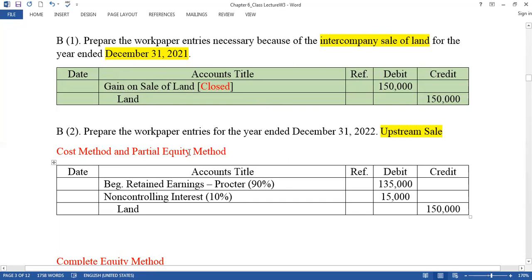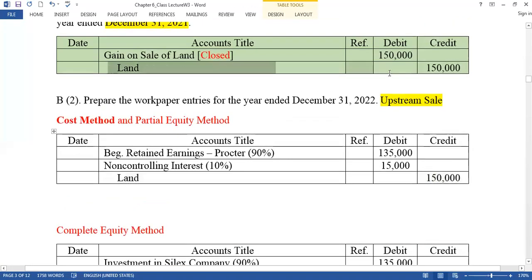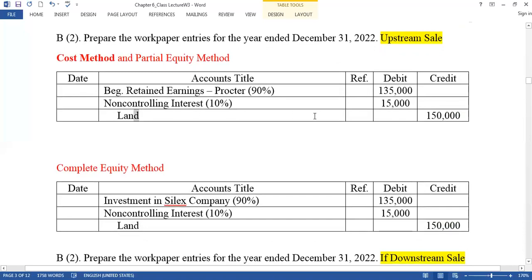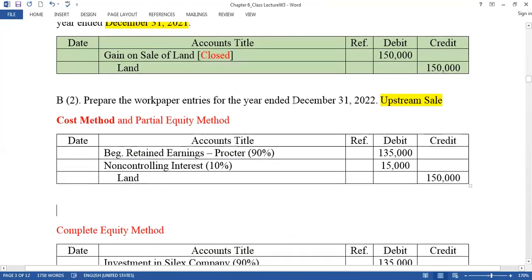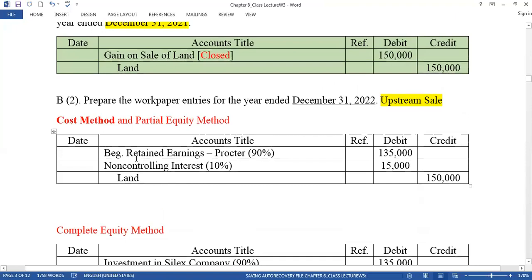If it is the cost method or partial equity method, mainly cost method, then look, land is credited already. This land credit, no problem, right? This is another year, next year. Try to understand, December 31st, 2022. We are going to close our intercompany gain and loss from retained earnings.